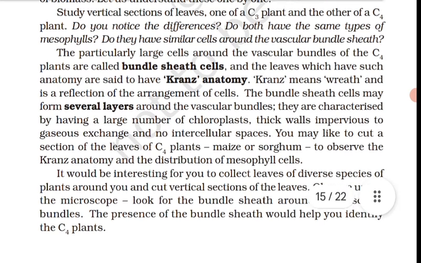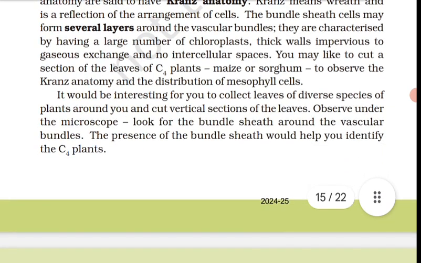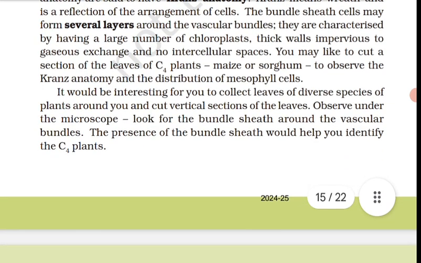The C4 acid OAA, oxaloacetic acid, is formed in the mesophyll cells. It then forms other 4-carbon compounds like malic acid or aspartic acid in the mesophyll cells itself, which are transported to the bundle sheath cells.